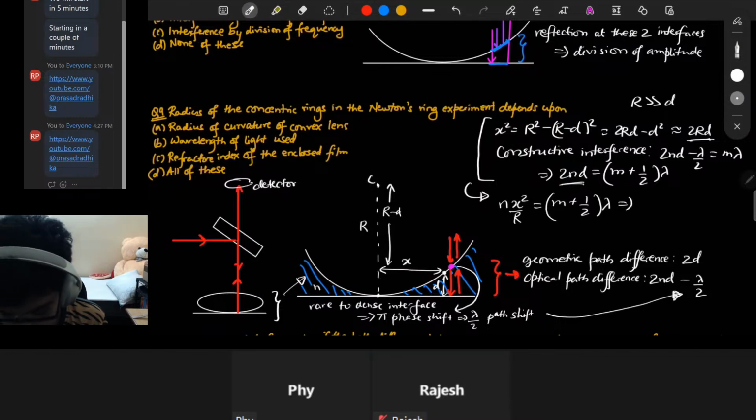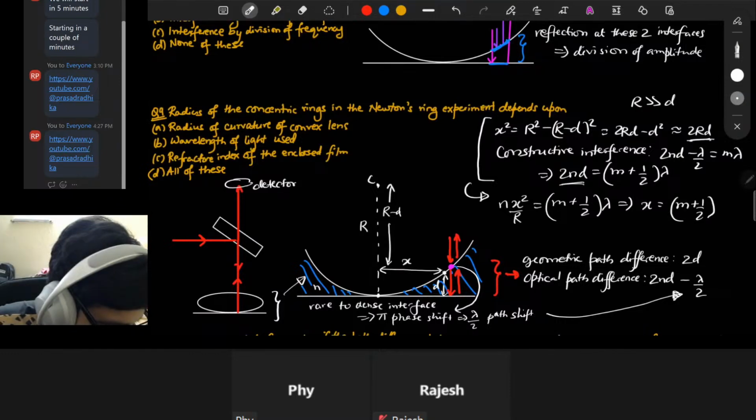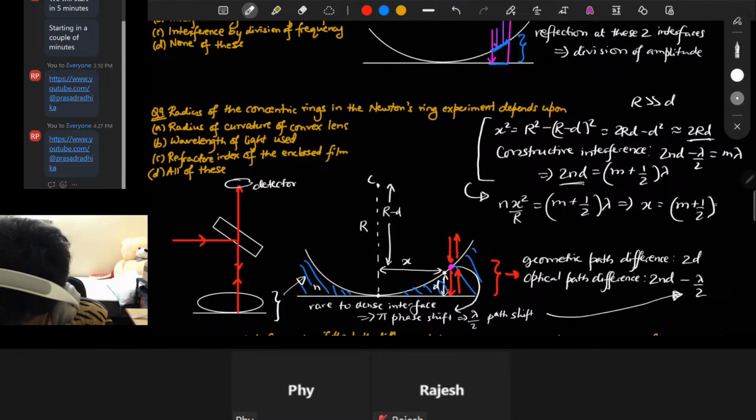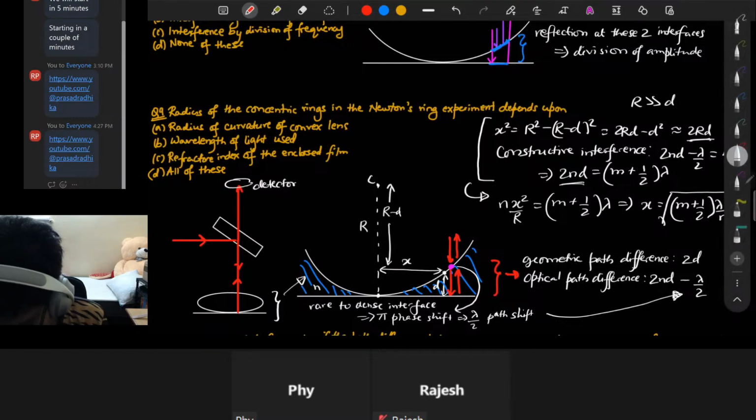Now, if you write down what is x, then x is the square root of m plus half lambda r over n. This is your value for x.